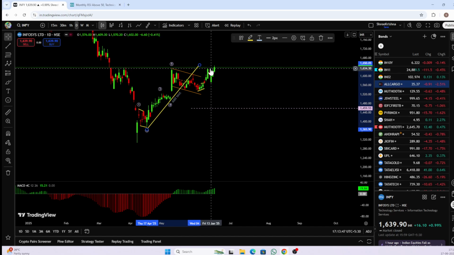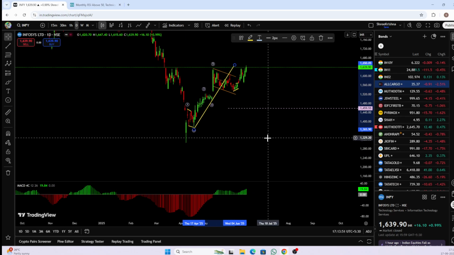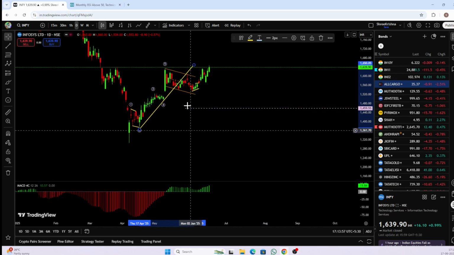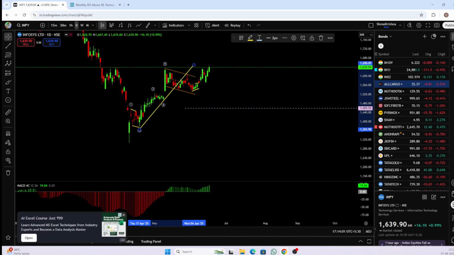Many people make mistakes thinking that the trend is broken, let's go short. But no, you can't go short just because the trend is broken, because this broken trend did not violate the law of the impulse. This is an impulse.